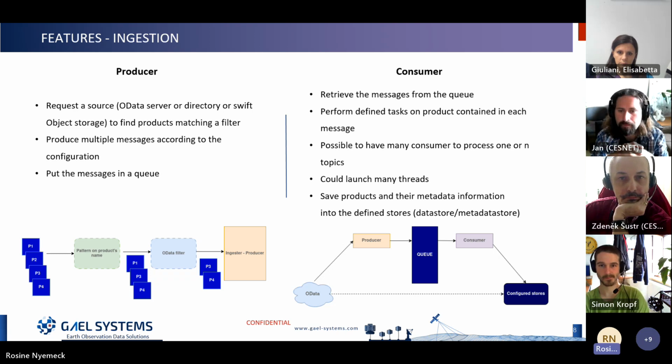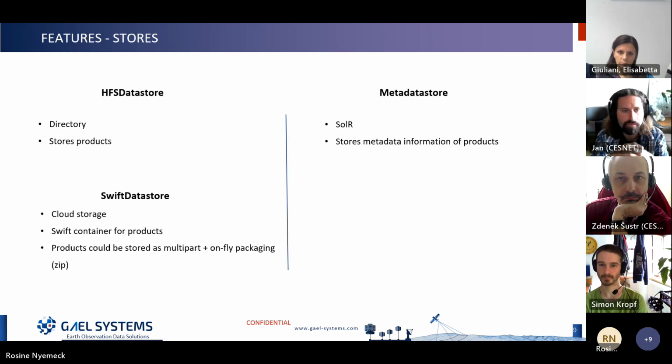Okay, we can go further. We have three main data stores. HFS data stores, which are directories, like a NAS. They store the products. We could have a cloud storage too.